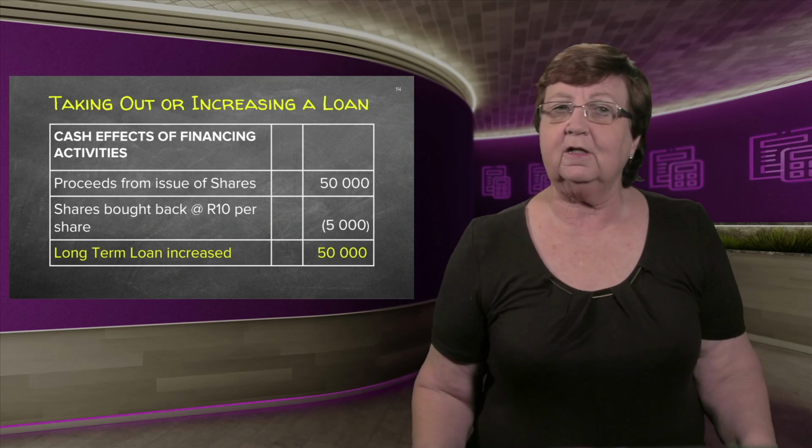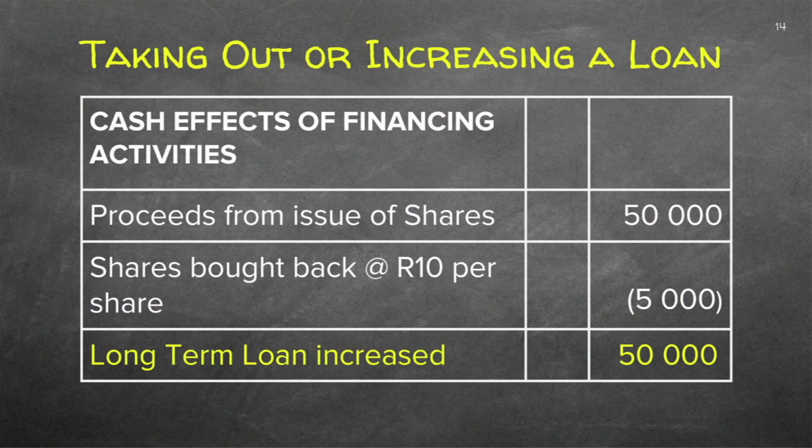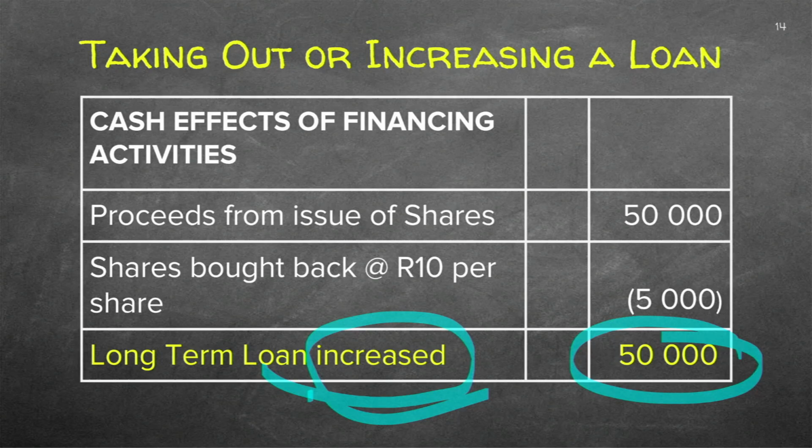Let's have a look what it looks like in the cash flow statement. The two items in white we've dealt with already, and so we go back to the yellow information. And so the long-term loan was increased. By how much? 50,000 Rand. No brackets? Why?